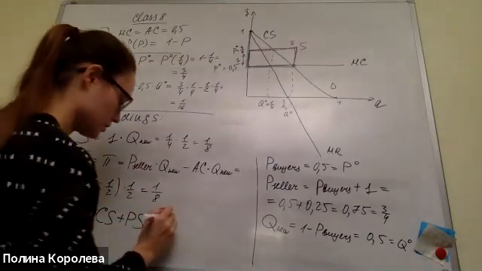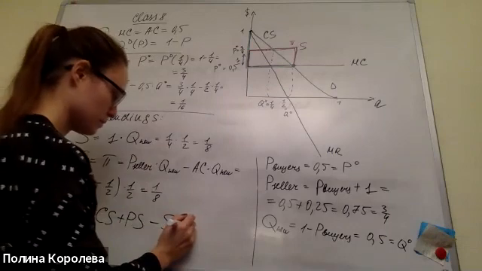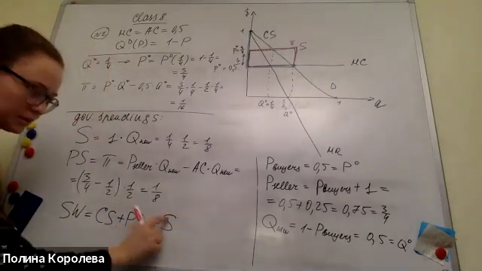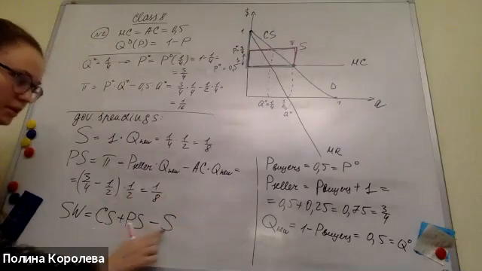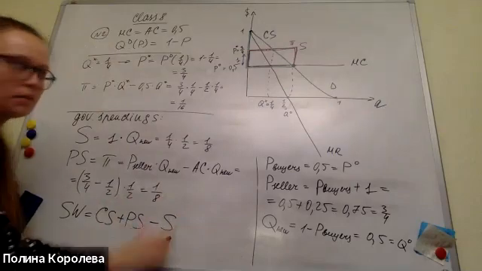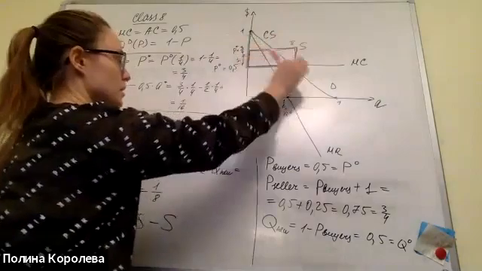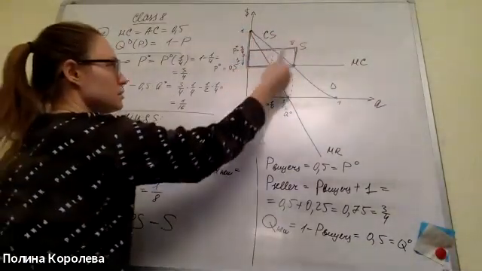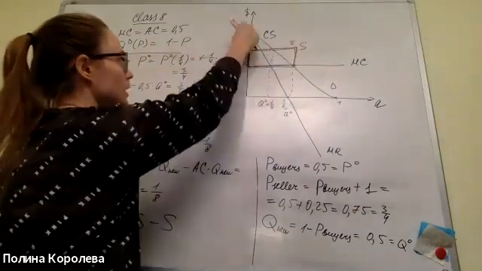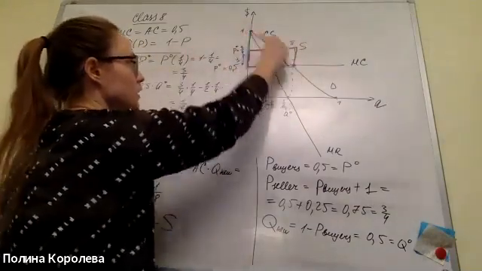So here minus government spending. Producer surplus and government spending are 1/8 minus 1/8. These two areas cancel out. So we have social welfare equal to consumer surplus, this big green triangle on my graph.